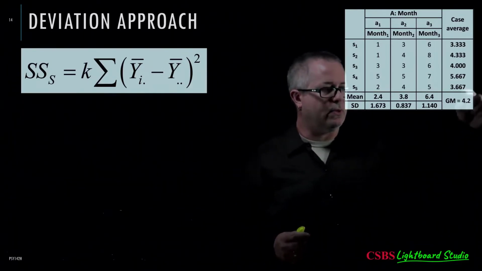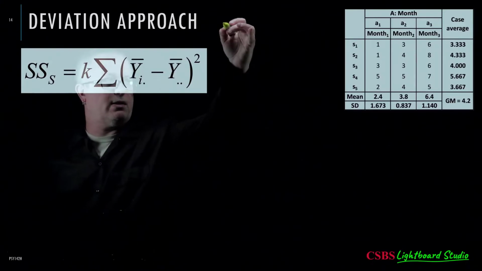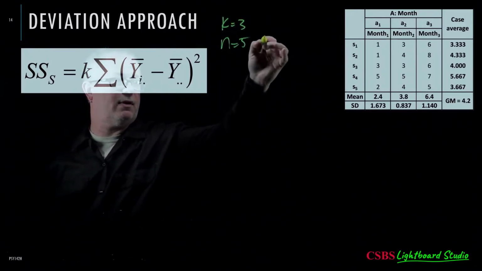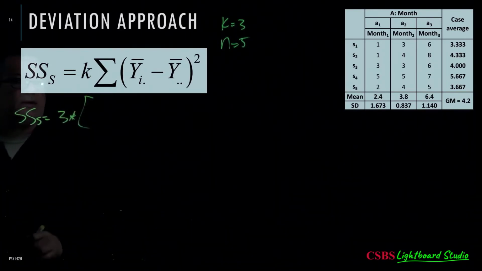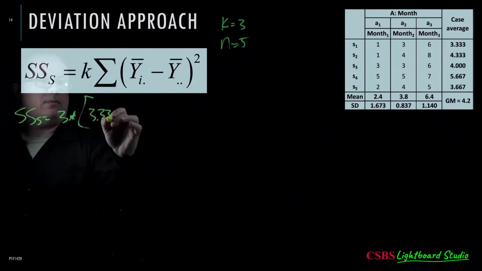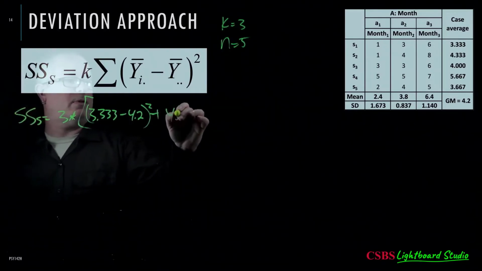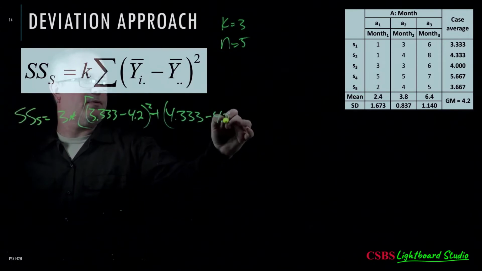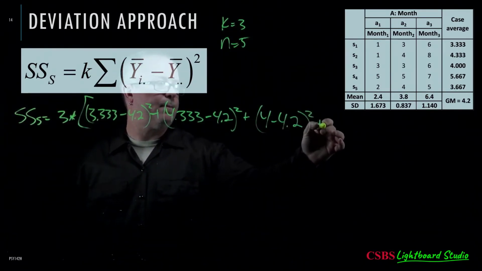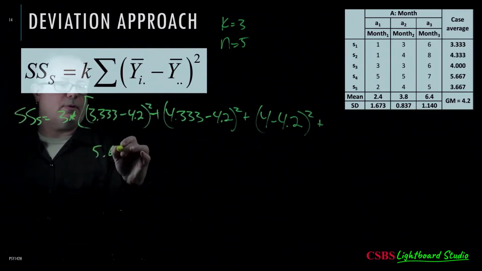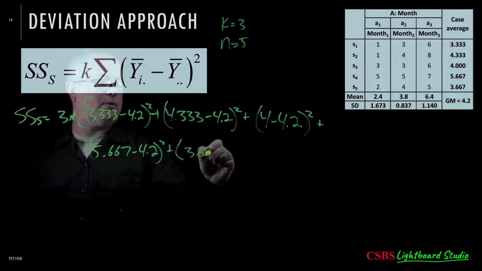So let's talk about sum of squares for subject. We're now using these on this side, around the grand mean, multiplied by k, and k is on the outside. In this case, k equals 3 and n equals 5. So I can find the sum of squares for subject by taking 3 times brackets: 3.333 minus 4.2 squared, 4.333 minus 4.2, 5.667 minus 4.2 squared, 3.667 minus 4.2 squared.